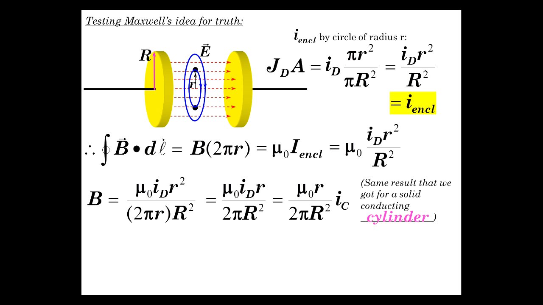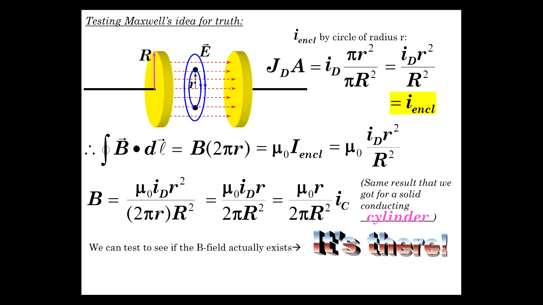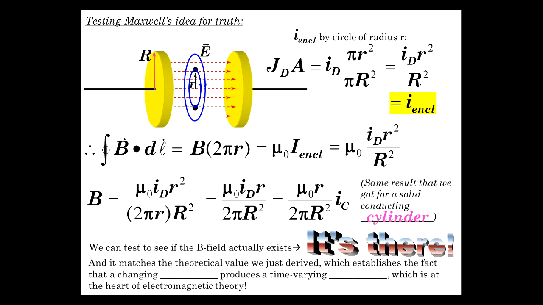So that's pretty interesting. The last thing we might want to consider is, if we put a magnetic field sensor in the region of space at location r, what do we discover? Is it there? Yes, it is. And not only is it there, but it matches the theoretical value we derived.